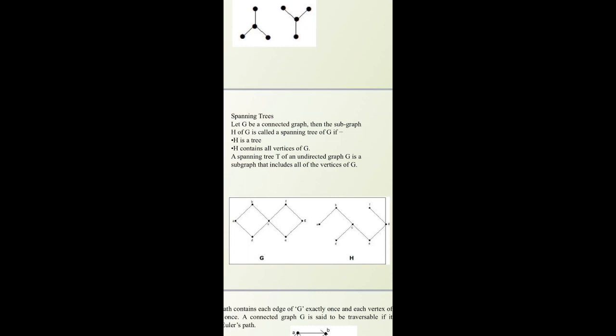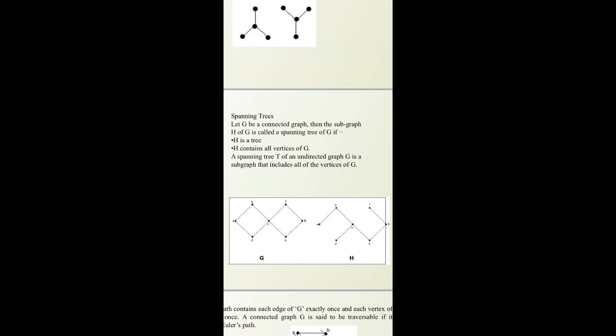Now H is a graph which is born from G. So now we will check the properties of H. First of all, H should be a tree, and H contains every vertex of G: A, B, C, D, F, G, E. Every vertex is present in H as well. So this will make a spanning tree.